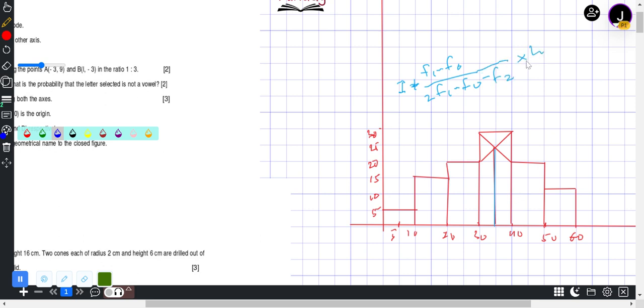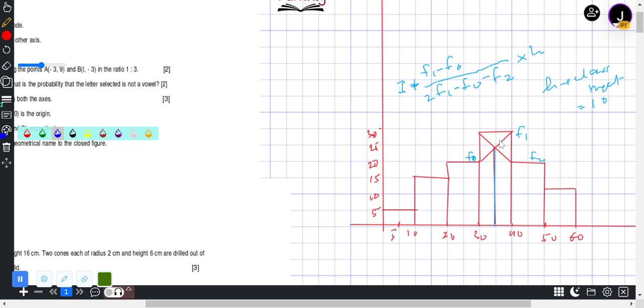This is the formula for finding the mode within a modal class, where f1 is the frequency of the modal class, f0 is the frequency of the class below the modal class, and f2 is the frequency of the class above. h is the class height, which in this case is 20 to 30, which is 10. So h is 10.